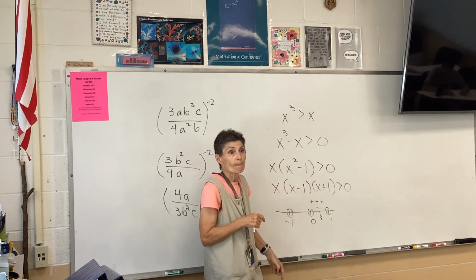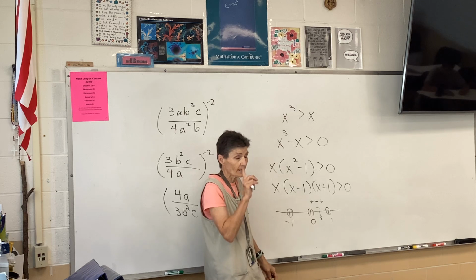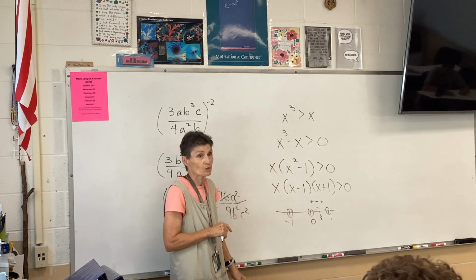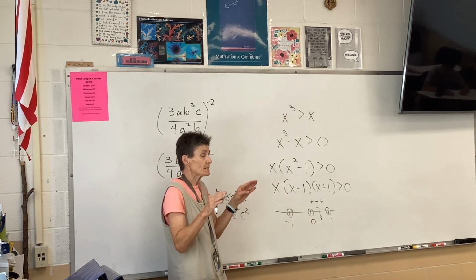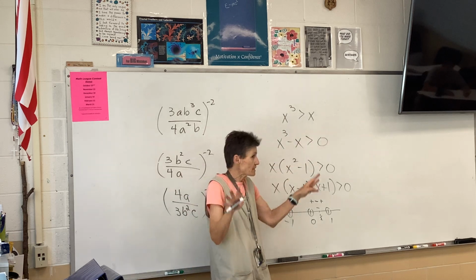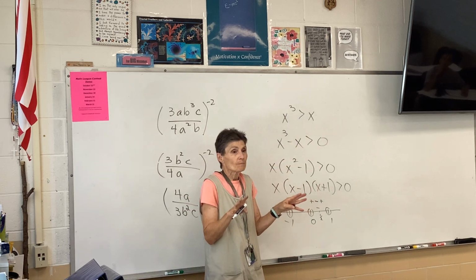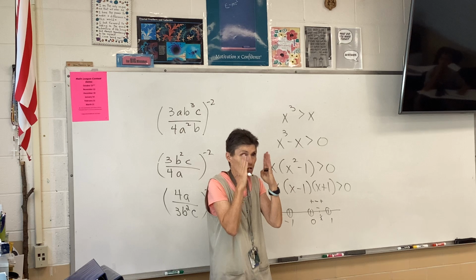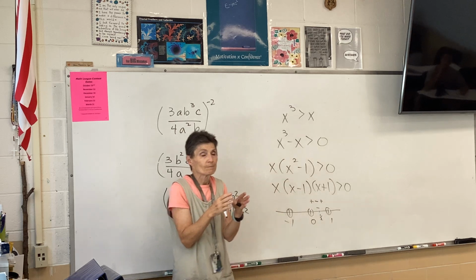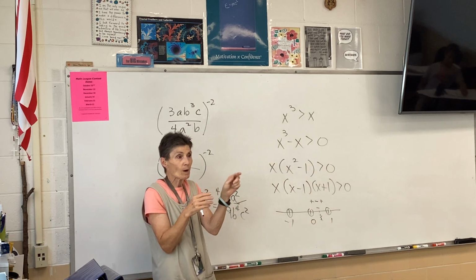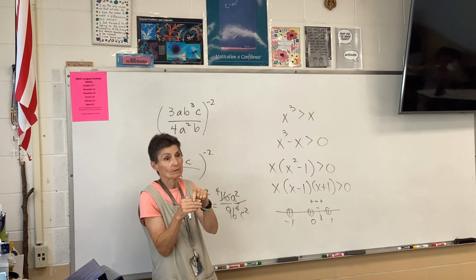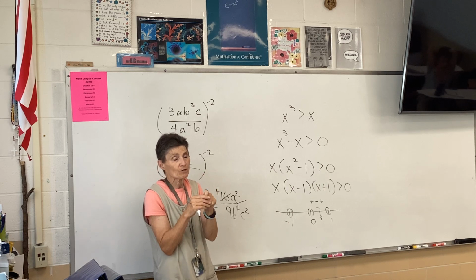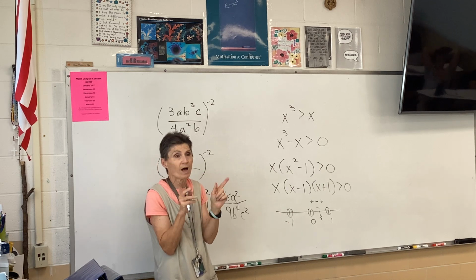So can we not just do the alternate? You plug a point in? You can, unless the directions say show a sign chart, okay? So this is something we all just have to get used to. If you have to show your work, that means that whoever is reading your paper has to understand what you're doing, and the shortcuts don't fly.